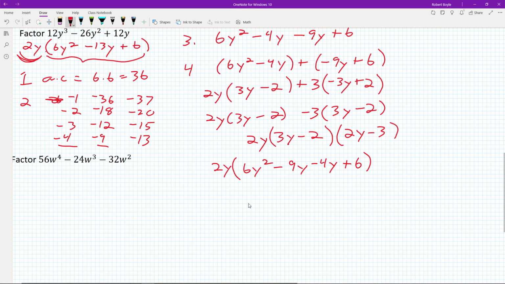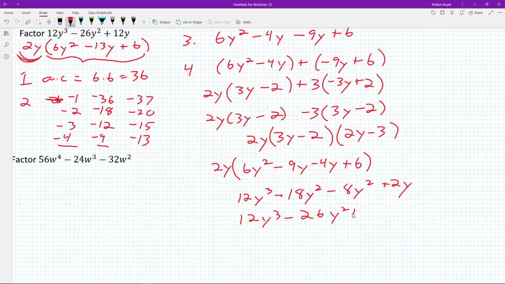That will give me 12y cubed minus 18y squared minus 8y squared plus 12y. And then combining like terms, we have 12y cubed minus 26y squared plus 12y, and it checks out. This and this are the same, so we know we are good to go.